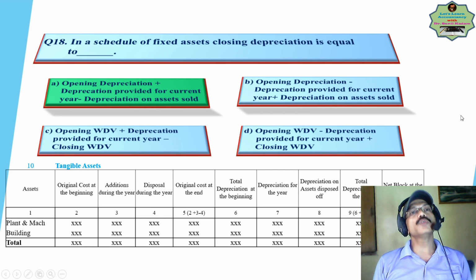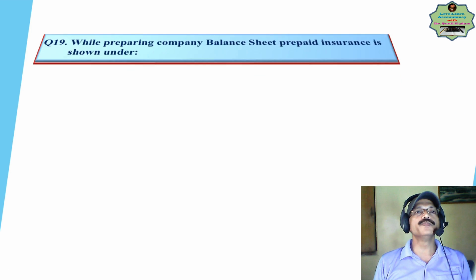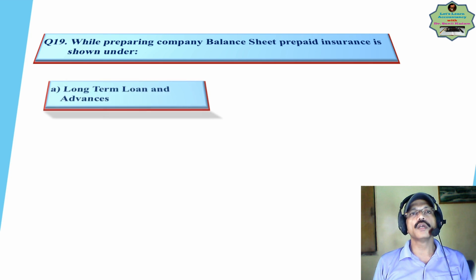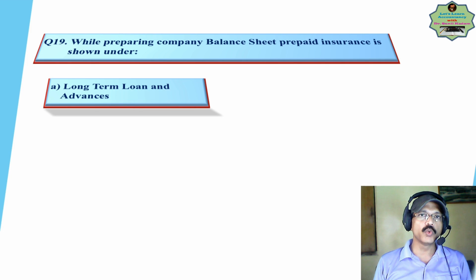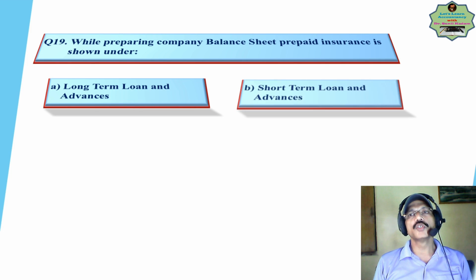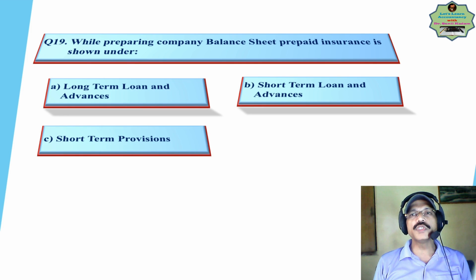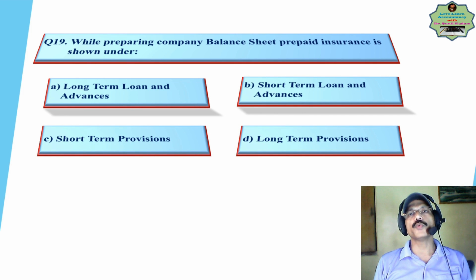So let's move on to the next objective. Number 19. While preparing a company's balance sheet, prepaid insurance is shown under: long-term loans and advances, short-term loans and advances, short-term provisions, or long-term provisions.